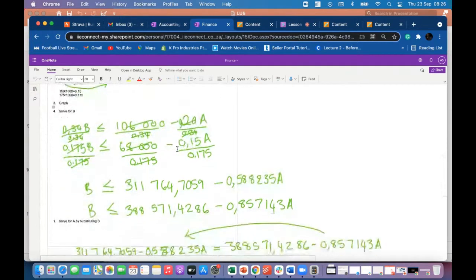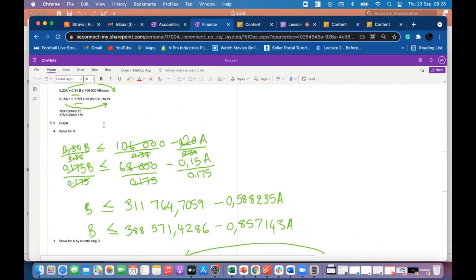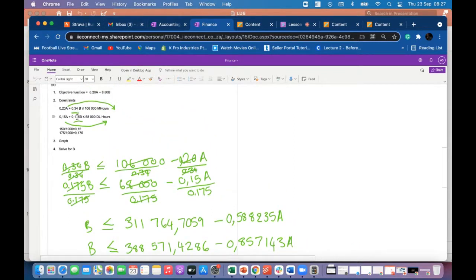Yes. So here I'm just showing you what goes into solving for B. Here you can see we made B the subject, and there you can see we threw that over just to make sure that we isolate B, and then we began to calculate.